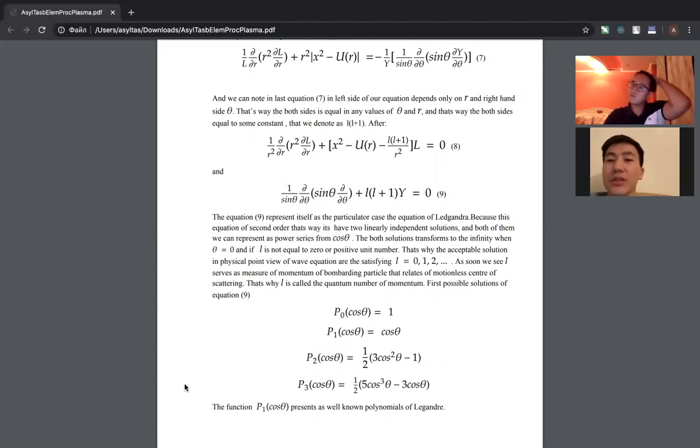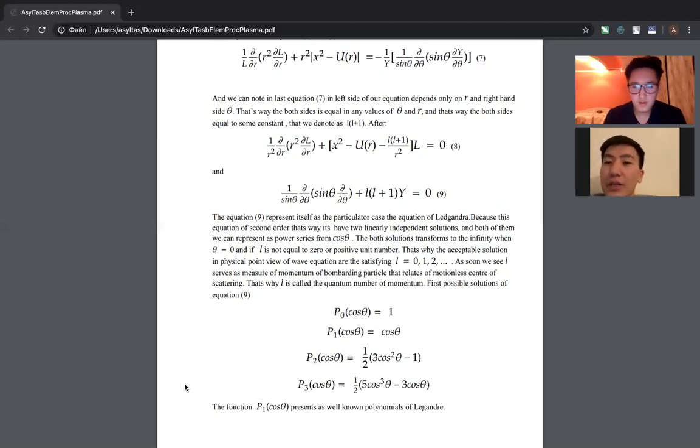Because this equation is of second order, it has two linearly independent solutions, and both of them can be represented as a power series in cosine theta. Both solutions go to infinity when theta is equal to 0, unless L is equal to 0 or some positive integer.